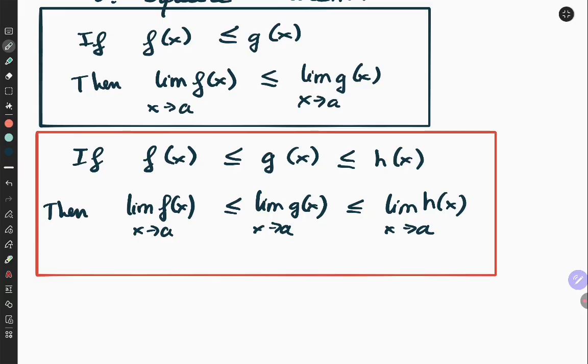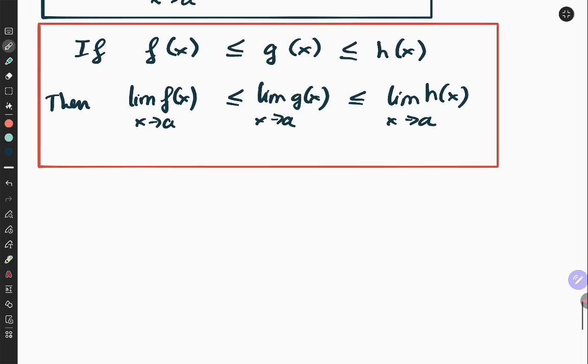But somehow we know that it's bigger than something simple enough for you to find the limit, and less than something that is also easy to find the limit of. You don't have to find the limit of the one in the middle. You just need to find the limit for each of the two, and you squeeze the one in the middle. That limit is going to be equal both ways. Let's do that with an example right away.